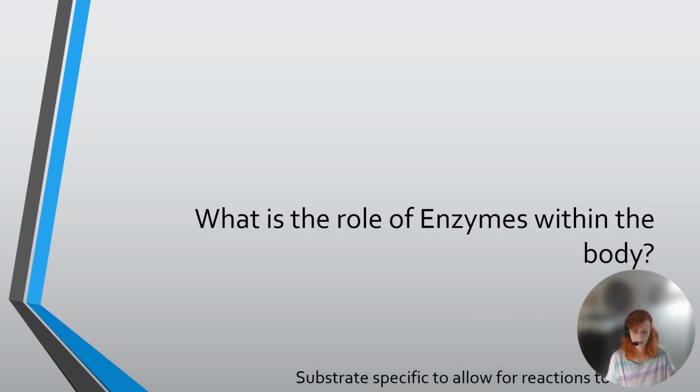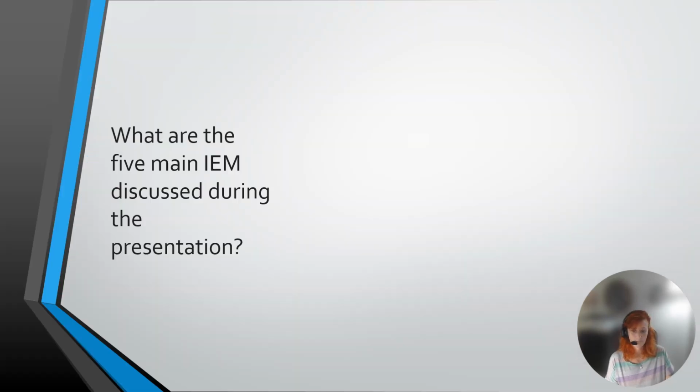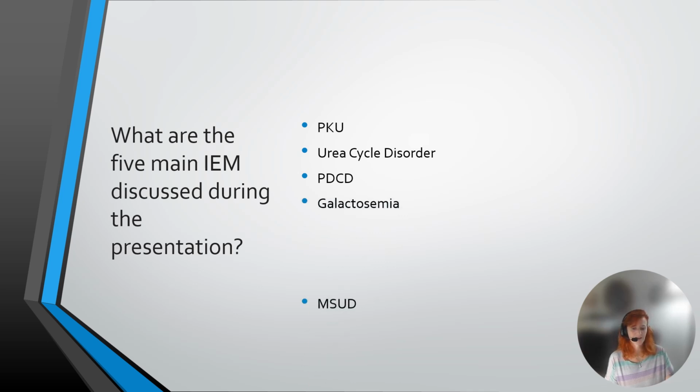They play a gamut of roles, but generally they're substrate specific to allow for reactions to occur. And what were the 5 main IEMs discussed during this presentation? PKU, urea cycle disorder, PDCD, galactosemia, and MSUD.